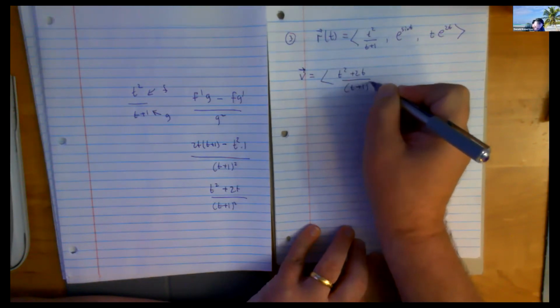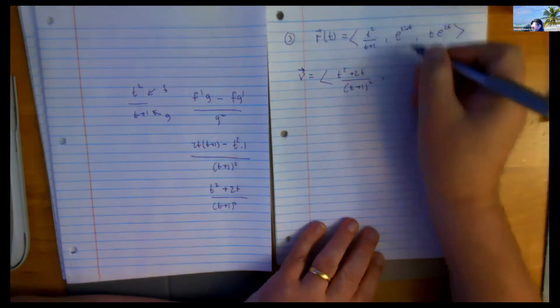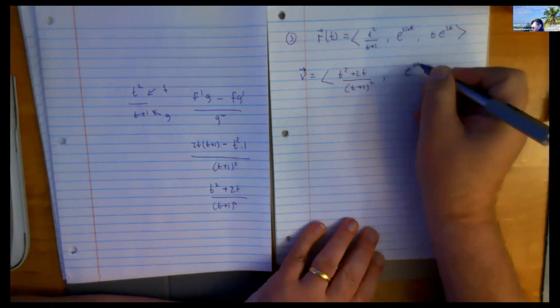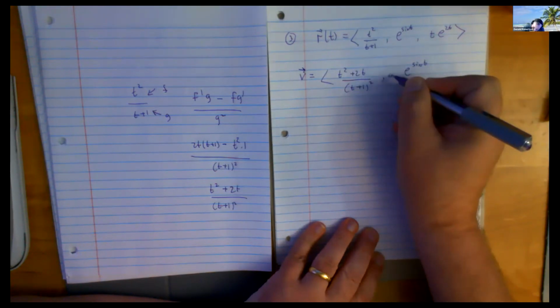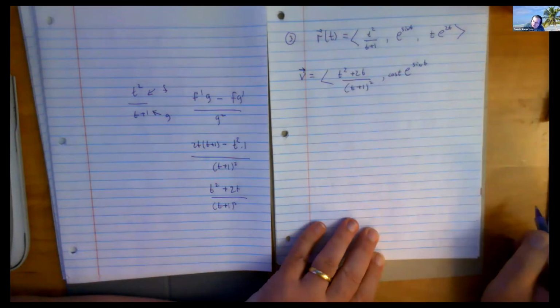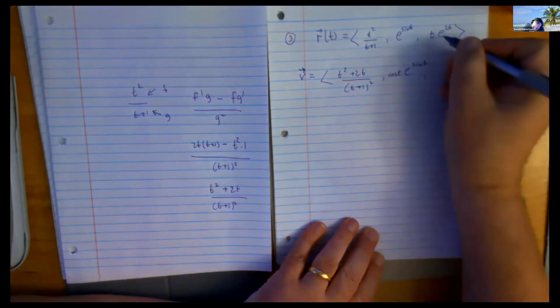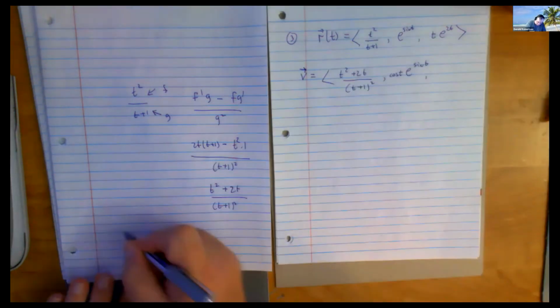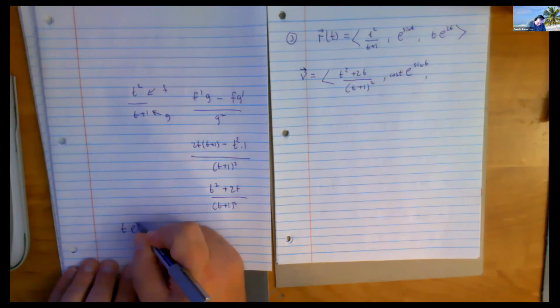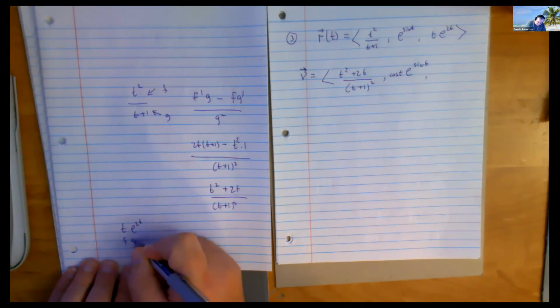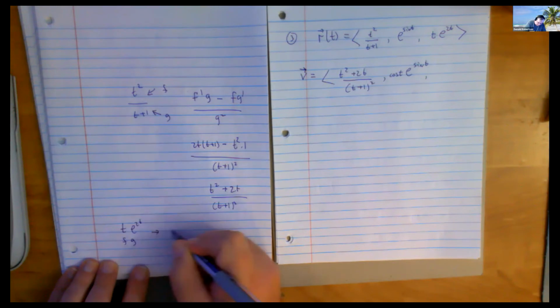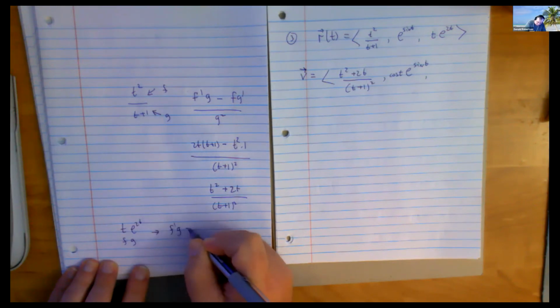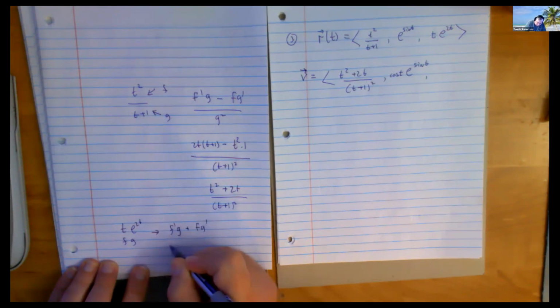I may not do this one all the way to the end. This one here, won't it be e to the power of sine t times the derivative of sine t, which is cosine t? Won't this one be a product rule? So we call this f, we call this g. The product rule would be f dash g plus f g dashed.